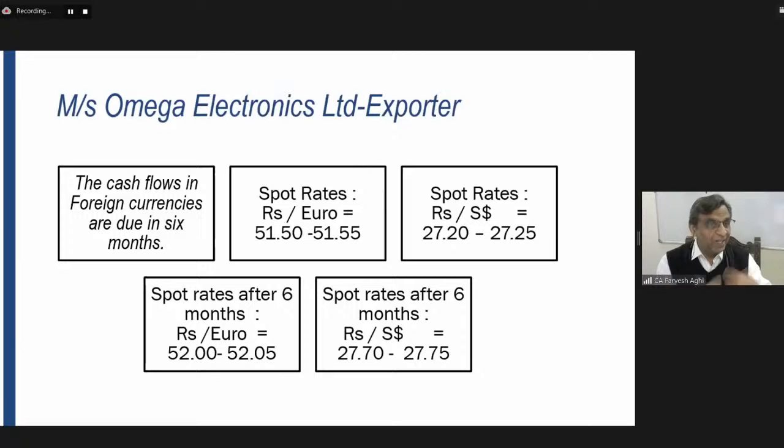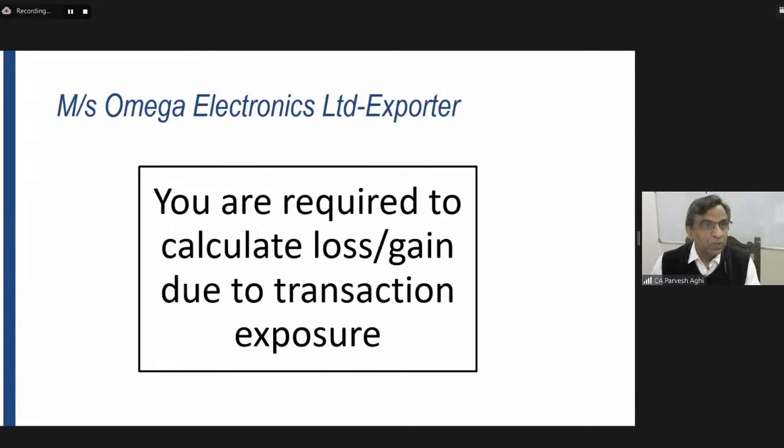Though he's going to make a gain while he has exported goods to Germany, he's going to lose on the money which he is going to pay in terms of Singapore dollars. So this is a real loss. Okay, so let's understand now. You're required to calculate the loss or gain due to the transaction exposure. So this is a transaction exposure, which means it's a real one.